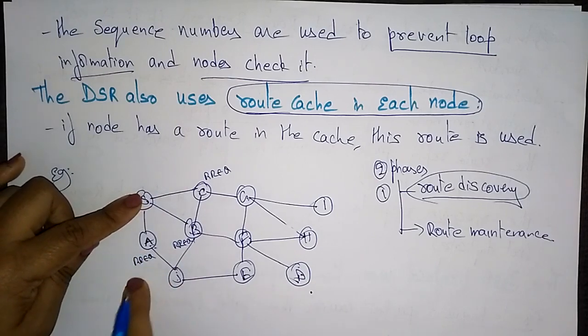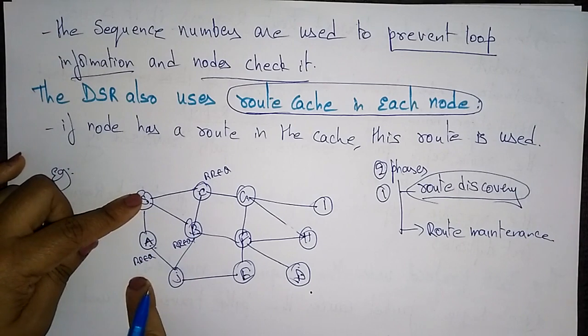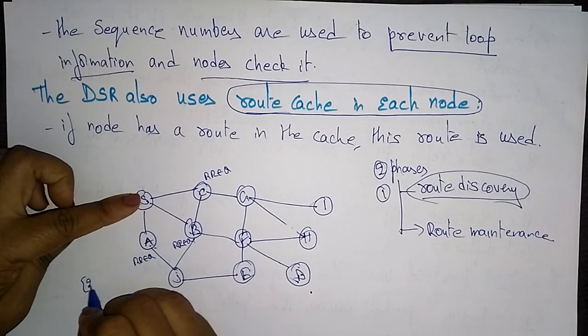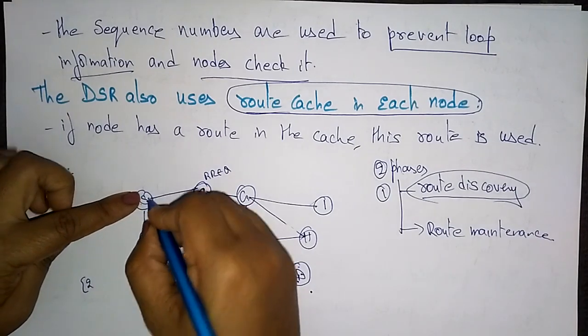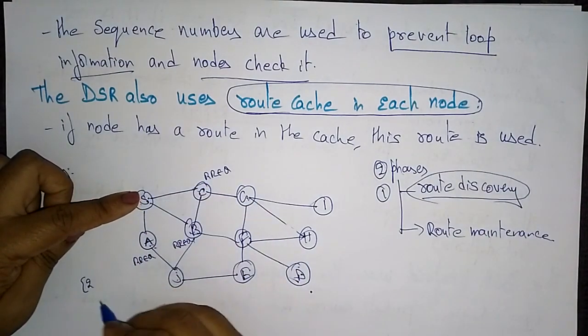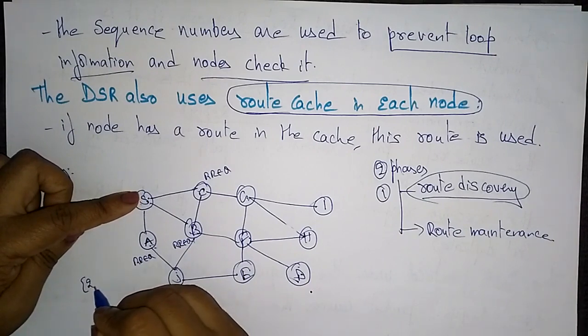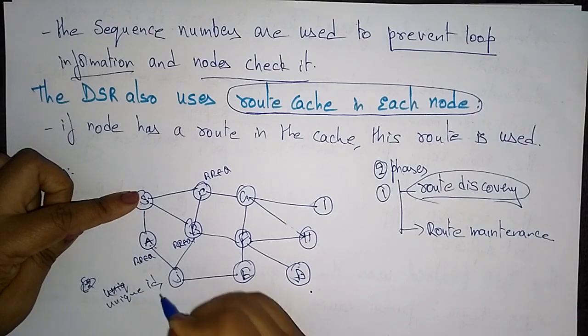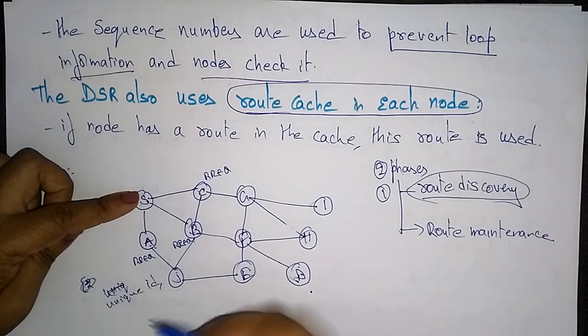So what does this route request packet consist of? It consists of a unique ID. Let us take 2. The ID from where it is coming, the unique ID. Let me write the points. It requires the unique ID, and a list of nodes, initially empty.